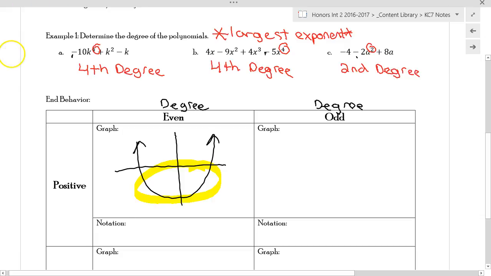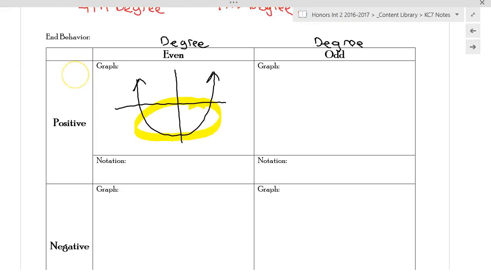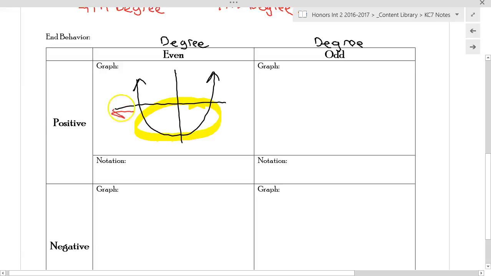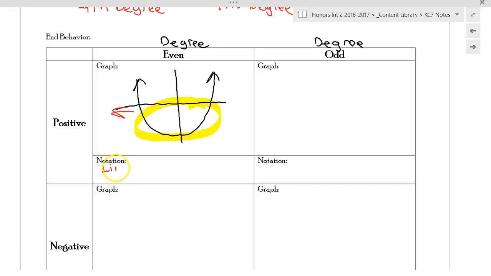Then when we write what the end behavior is, we have a very specific notation called limit notation. Okay? I'm going to start with going to the left. Right here, I'm going to start on the left side of my graph. So with my limit notation, I'm going to say the limit, which is abbreviated LIM, and underneath that, I say what x does. X is going towards the left.